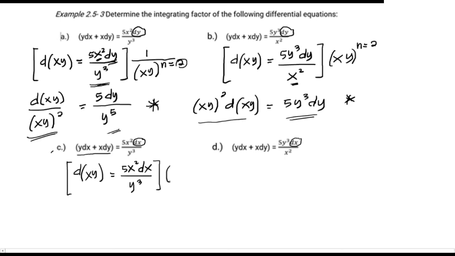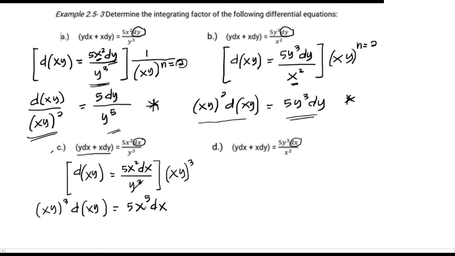So our exponent for the integrating factor xy should be 3, so that this variable y cubed will be cancelled. So we have here (xy) cubed times the differential of xy is equal to 5x squared times x cubed, which is x raised to the 5th power, dx.